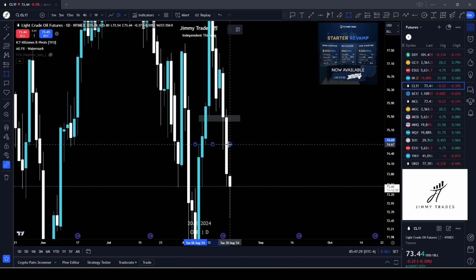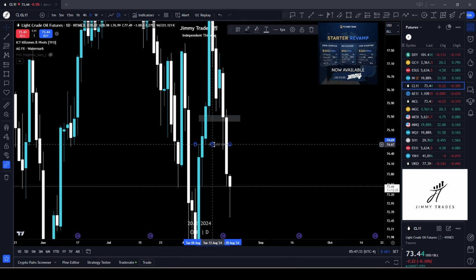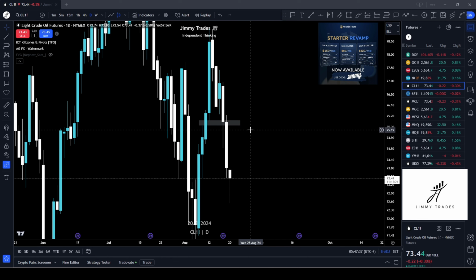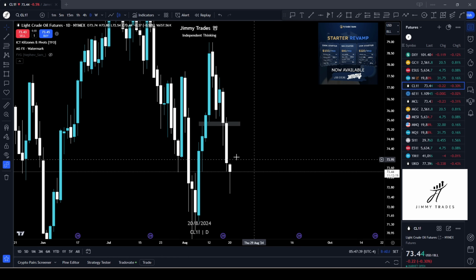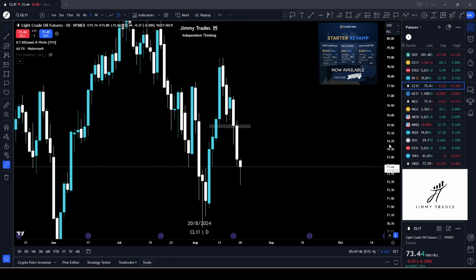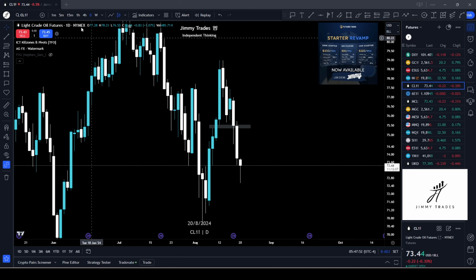It's very tiny, but there is actually an FVG here. The reason why I was bearish, even though this candle obviously hadn't closed, it was moving down, but the main reason I was bearish was I looked at the hourly structure and I leaned on the hourly structure more than anything else.